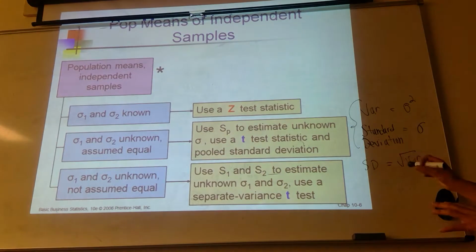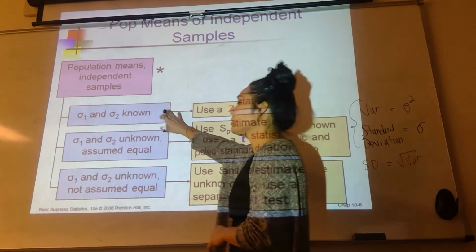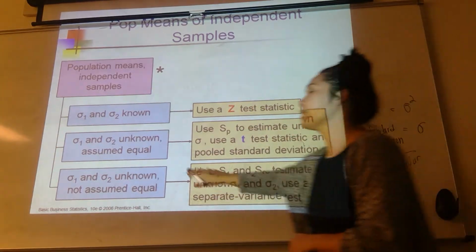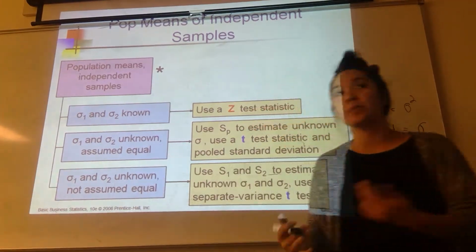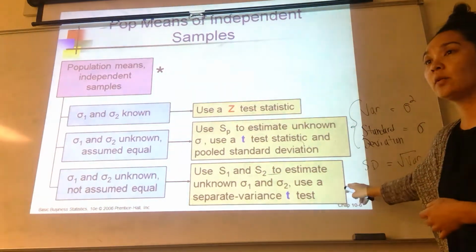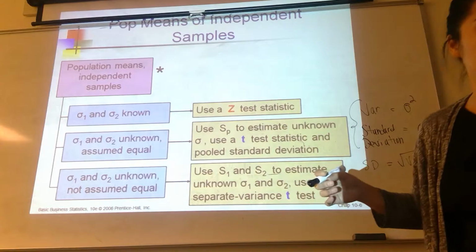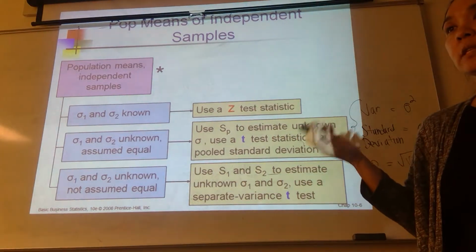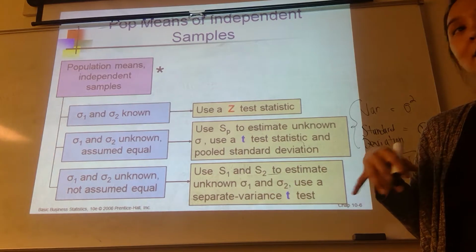What tests are we going to use? So if we know the standard deviation, we're going to do a z-test. If we do not know the standard deviation for the population, maybe we just know the sample standard deviation, then we're going to do the t-test, okay? One of the questions, I think, for next week is how do you know when you're supposed to use a z-test compared to a t-test?